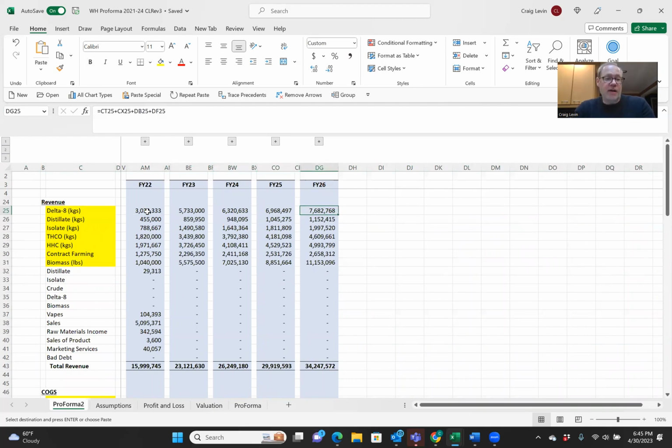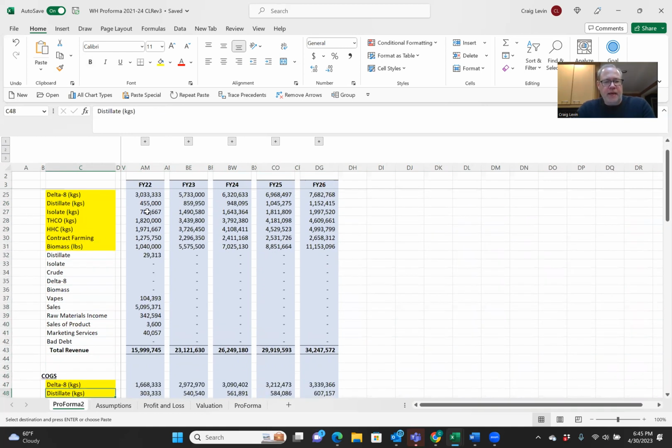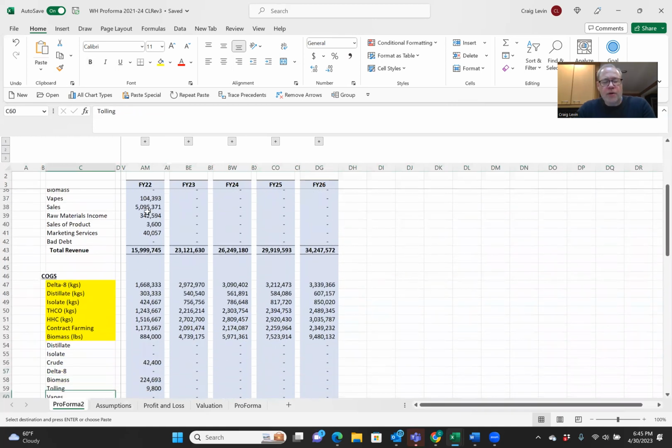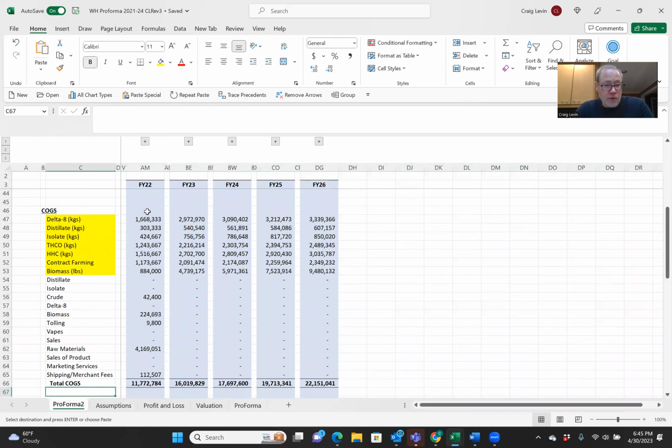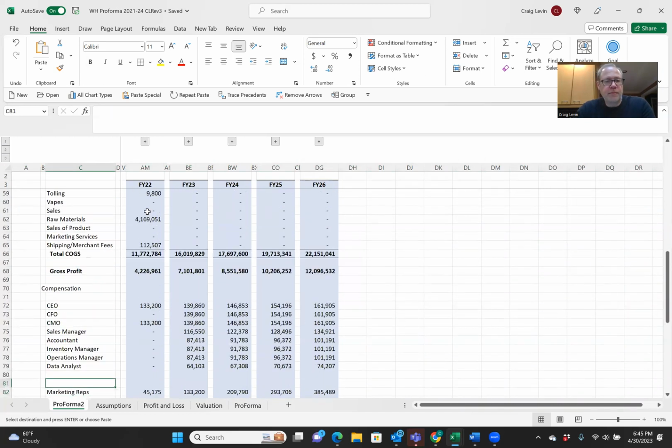Right here, I've done it 5 years. How much revenue are we going to make by product line or product category? Okay. And then what are our cost of goods sold going to be each year? Our gross profit. So you can see as we go down, this is just like an income statement.